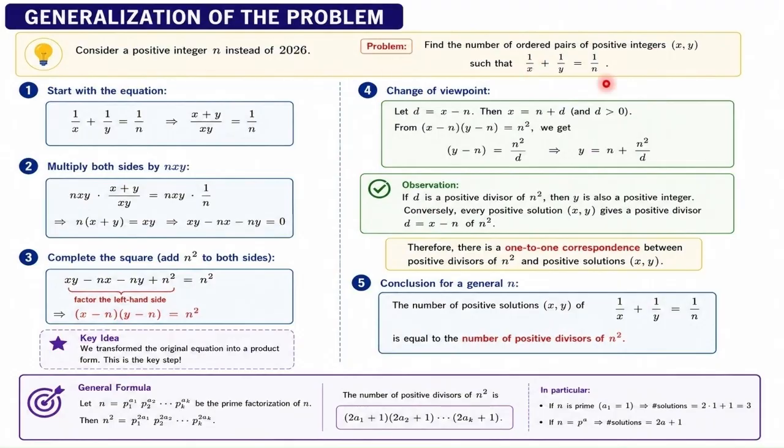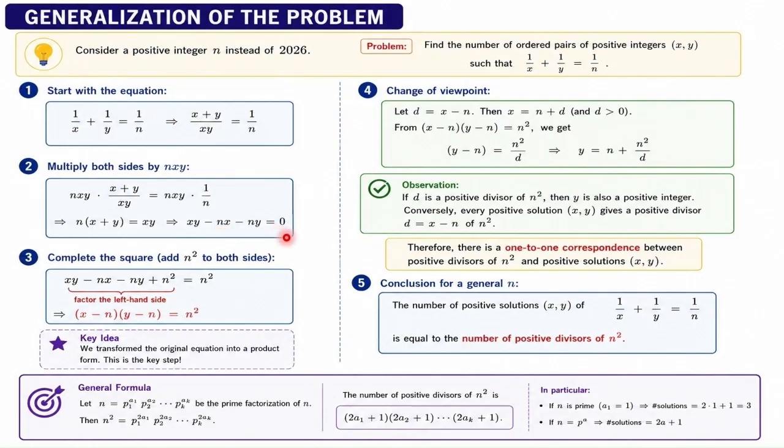First, add the two fractions and get (x plus y) over xy equals 1 over n. Next, multiply both sides by n times x times y. This gives n times (x plus y) equals xy. Now move everything to one side. We obtain xy minus nx minus ny equals 0.